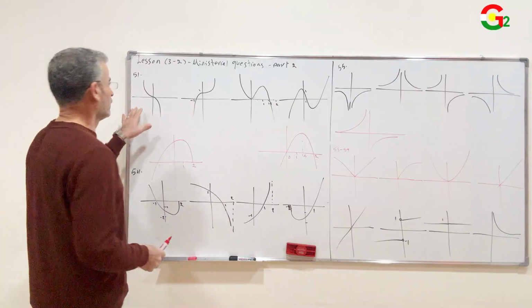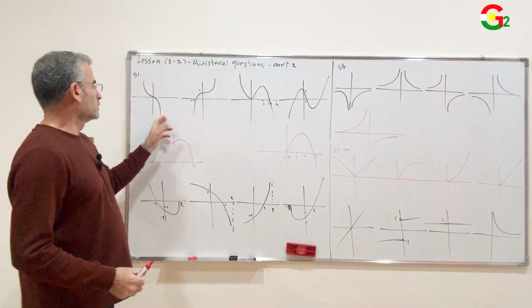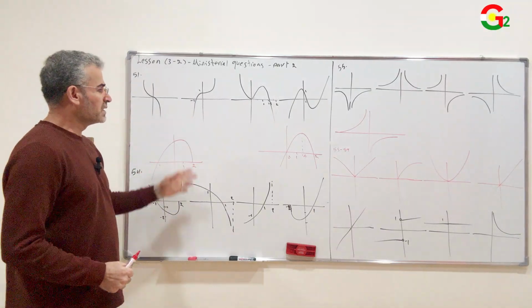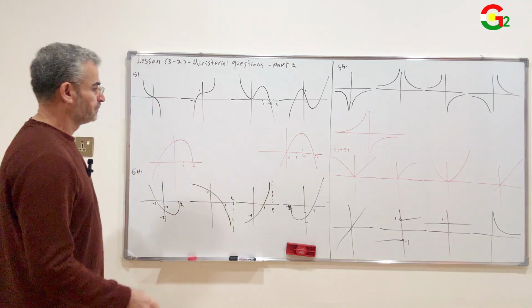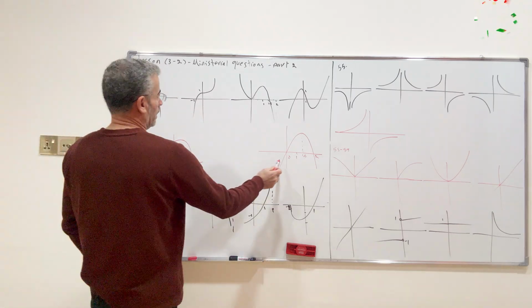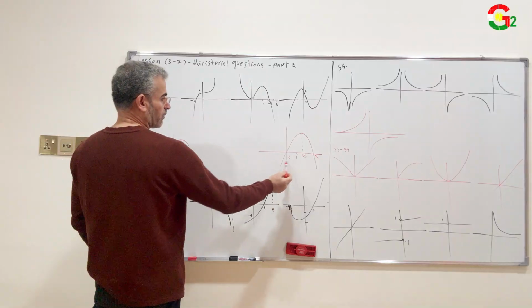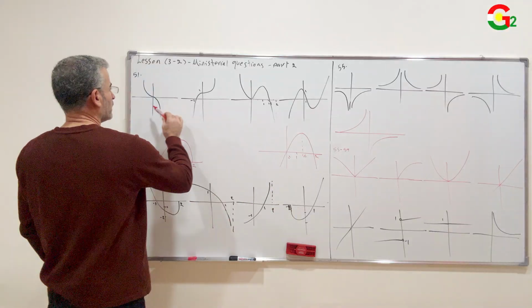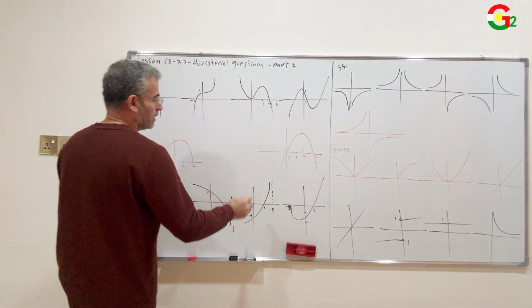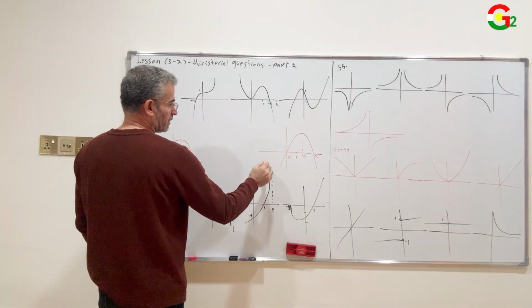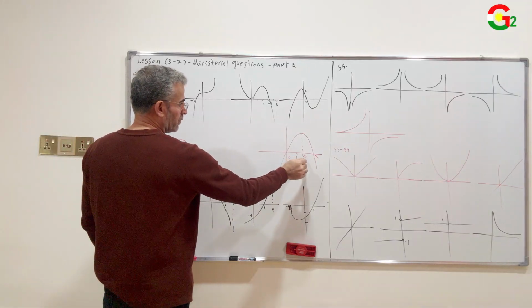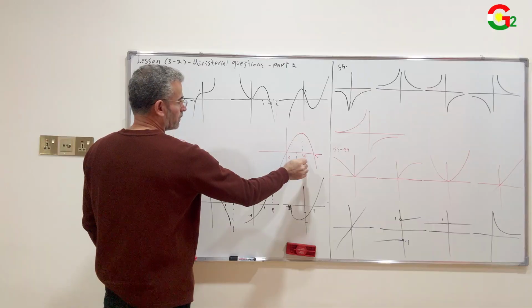Question number 51. Which of the following graphs is the graph of the derivative of this function? As you see, the domain is from negative infinity to positive infinity for all four graphs, but the graph is increasing from negative infinity to 1.5.